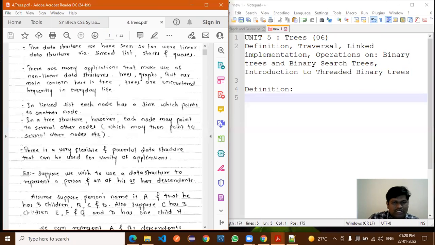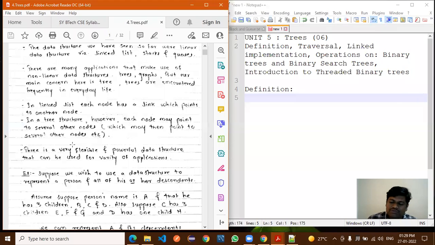The data structures we have seen so far are linked list, stack, and queues. Most of the time, these are used in applications where we use linear data structures.